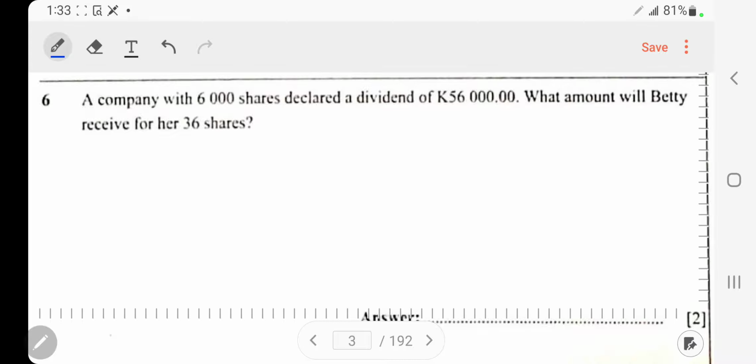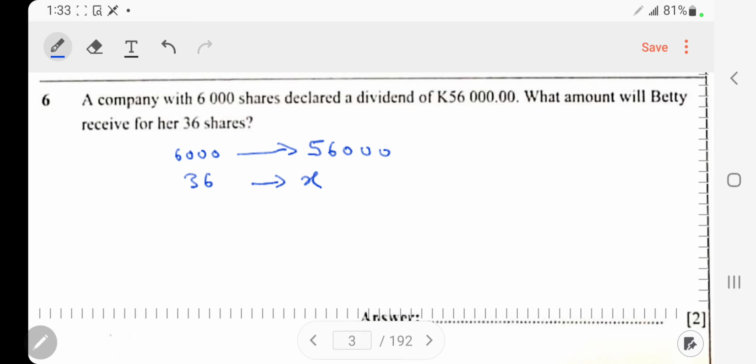So automatically we are going to say, since we have been told that 6,000 shares will be equal to 56,000, then how about 36 shares? For this one, we don't know. That is what we are going to find.